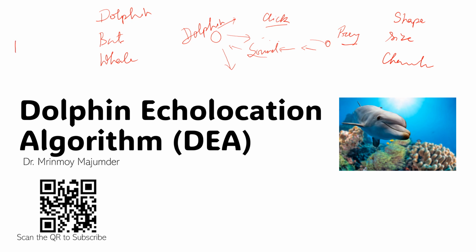By food foraging, we mean the way it searches for food. And what happens if there is a single dolphin, then it depends upon the sonar signal emitted by itself only.